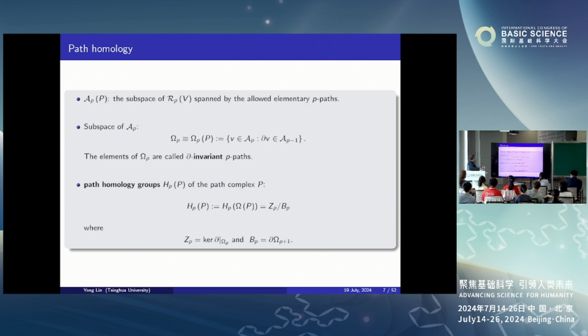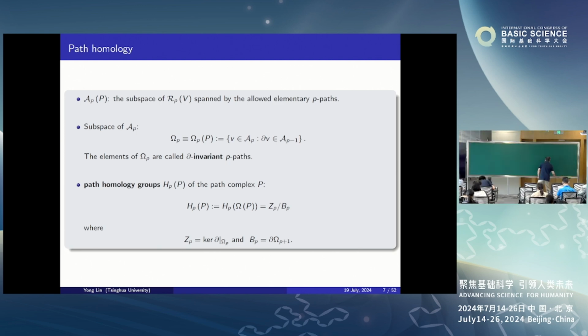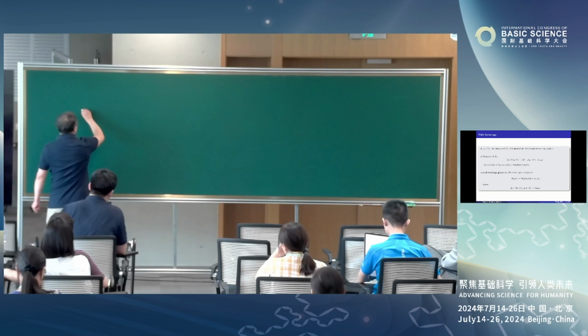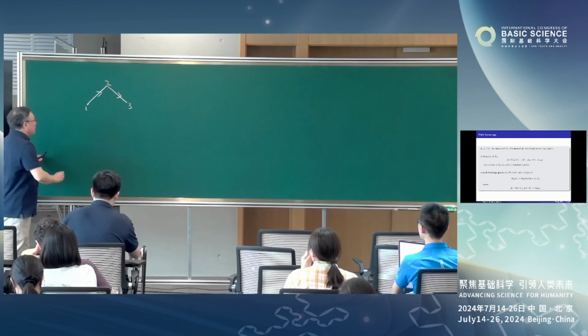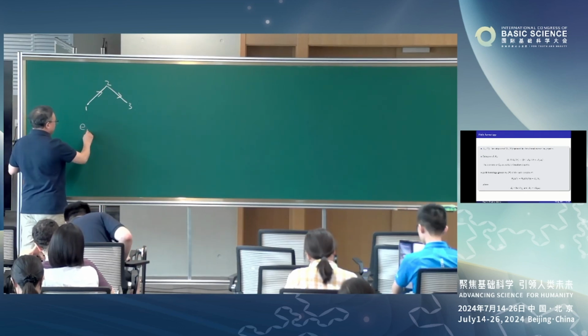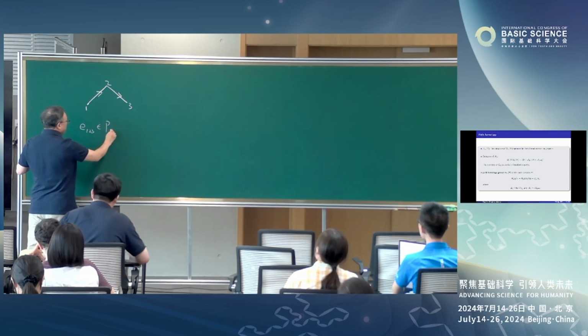We use the notation AP to denote all the allowed elemental P paths. This is from the P path, not only for the digraph. This AP is not invariant under the boundary operator. For example, for this simple graph, by definition this is in P2.